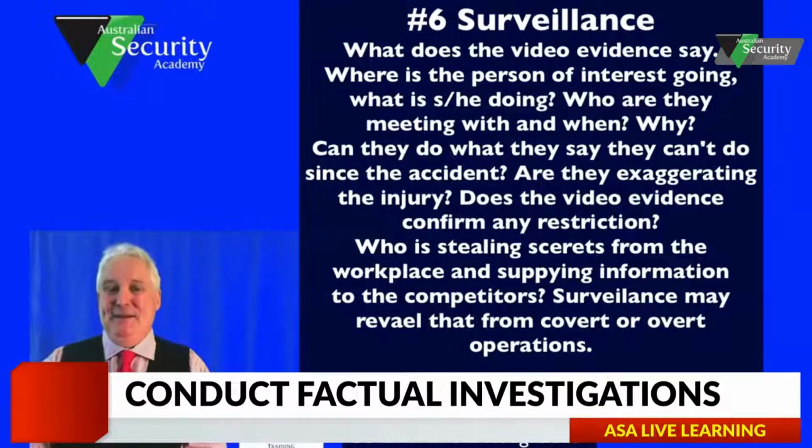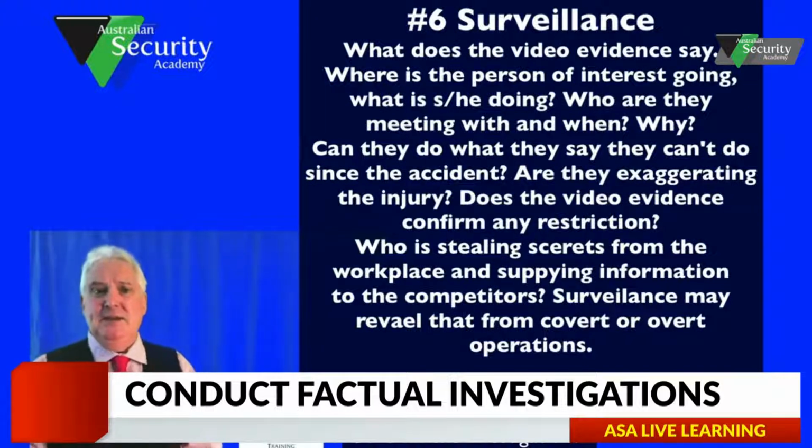They're a safety thing in the environment we live in today. So we're constantly under surveillance. However, people who claim something, they're injured or they can't do this or they're terrified of going out into the world because they've got agoraphobia as a result of the bullying they had at work, they can be put under surveillance to see what their behaviour is like or what the extent of their injury actually is.